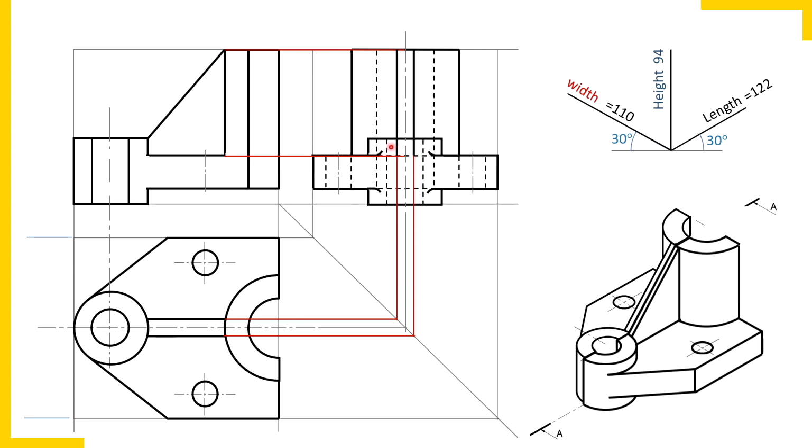The portion of the plate, that thin strip which is overlapped, I am making hidden. I have seen many students forget to draw this portion. So this is how the trapezoidal plate is also completed in all three views. In short, we have completed the side view and top view, and the sectional front view.